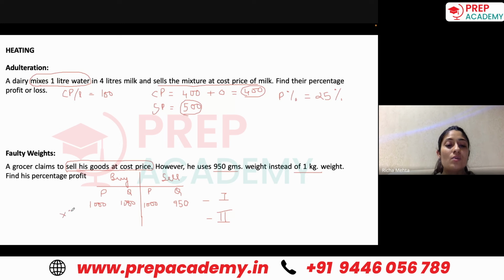So to equate the quantity, let me multiply this side by 95 and this side by 100, sorry. So what will this become? 95,000. This will also become 95,000. This will become 1 lakh and this will become 95,000.